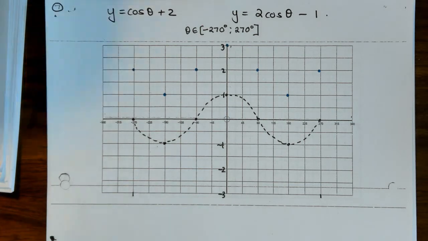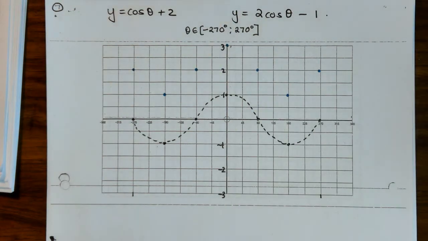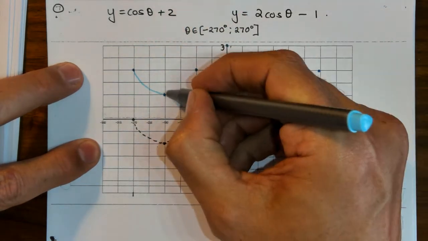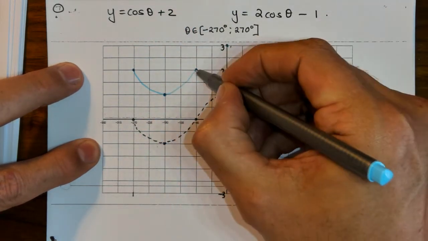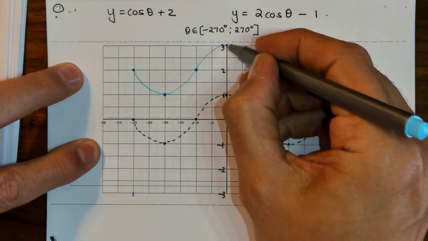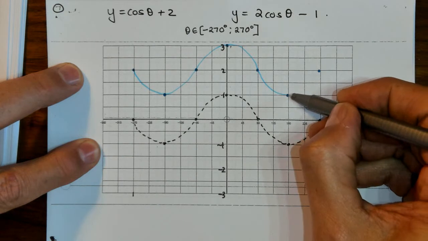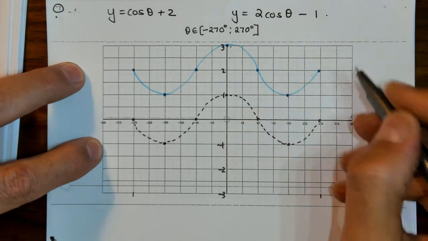So if I draw this graph now as a solid curve, remember it curves to the point, curves there, then it curves this way, to the next point, reaches the minimum over there, and then goes back to 270.